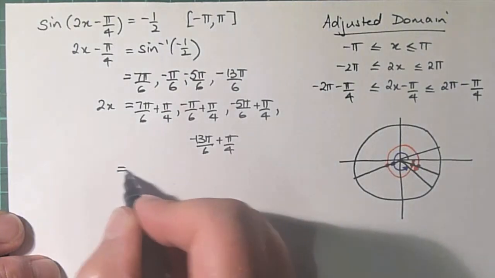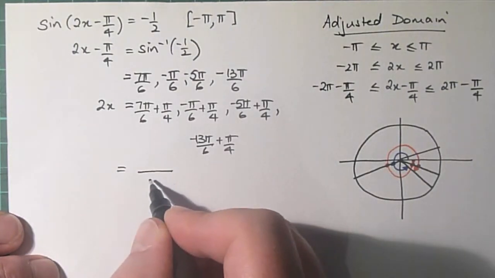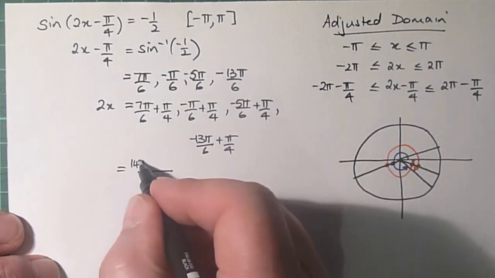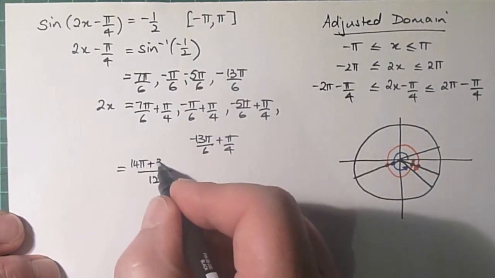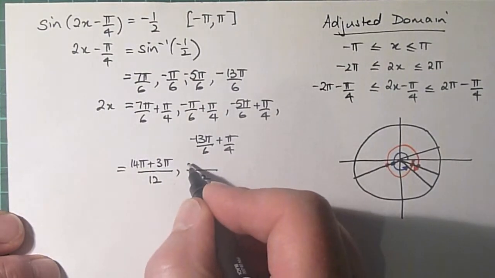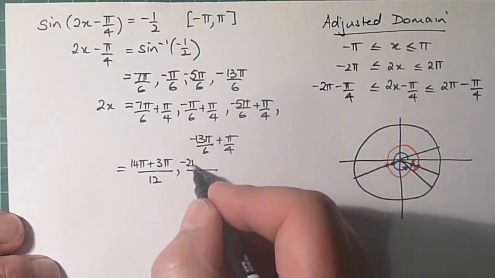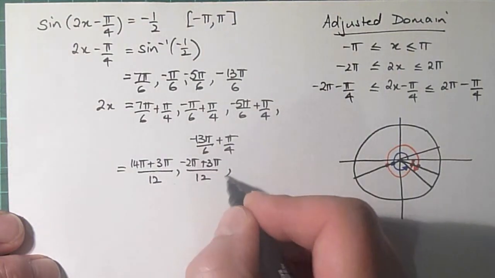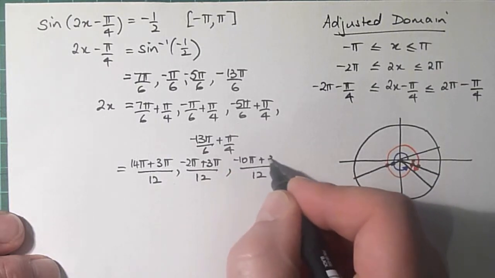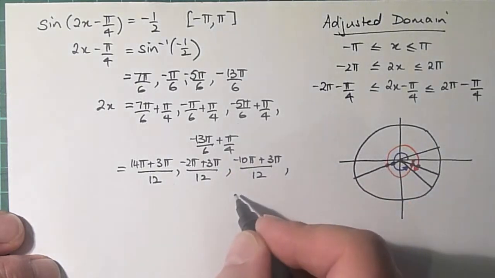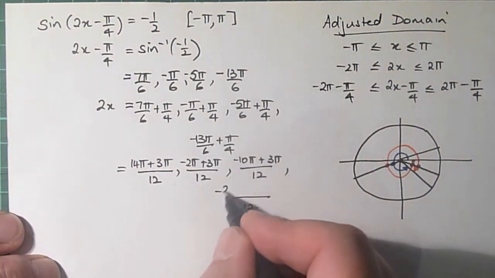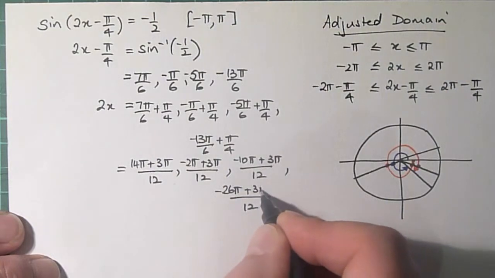Okay, they're fractions, so obviously we need a common denominator, which will be 12. 6 into 12 is twice, so that's going to be 14 pi. 4 into 12 is 3, so it's going to be 3 pi. We'll do the same with the others. That's going to be minus 2 pi plus 3 pi. That's over 12, that'll be minus 10 pi plus 3 pi. One down here, that'll be minus 26 pi plus 3 pi.